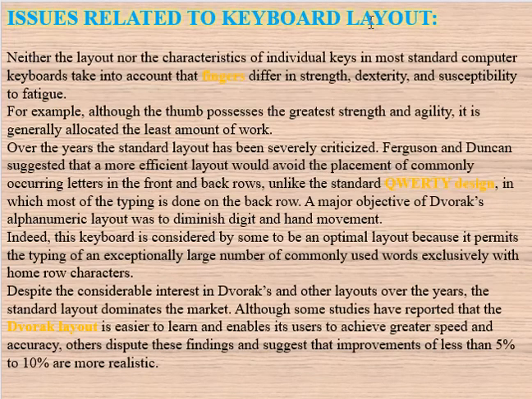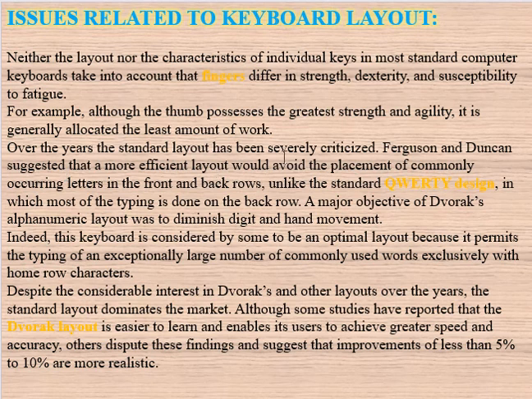Issues related to the keyboard layout. Neither the layout nor the characteristics of the individual keys in the most standard computer keyboard take into account that fingers differ in strength, dexterity, and susceptibility to fatigue. For example, the thumb possesses the greatest strength and agility, yet it is generally allocated the least amount of work.